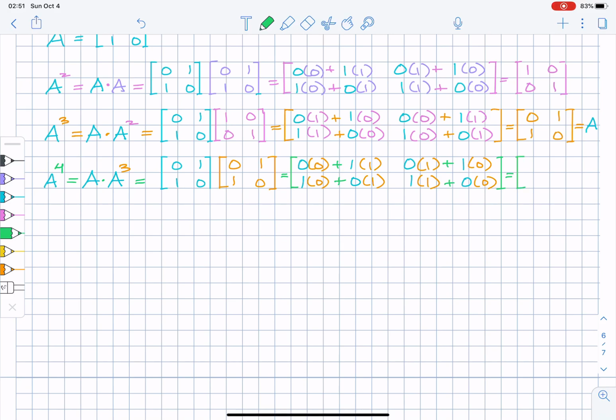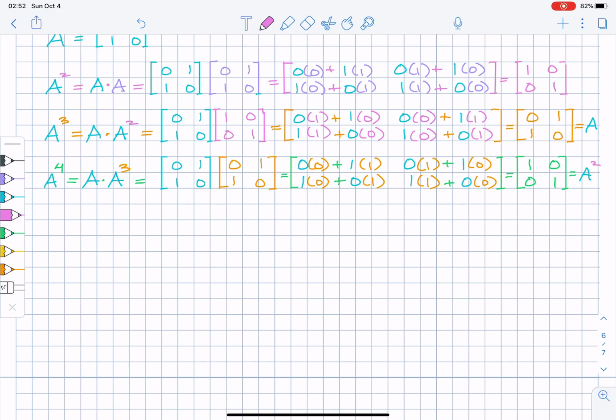So that's going to be 1 0, and then 0 1. Notice that's the same as A squared, right?